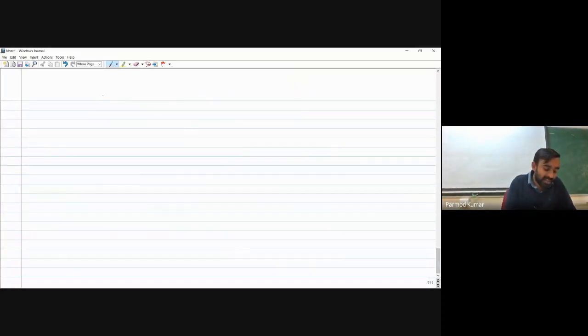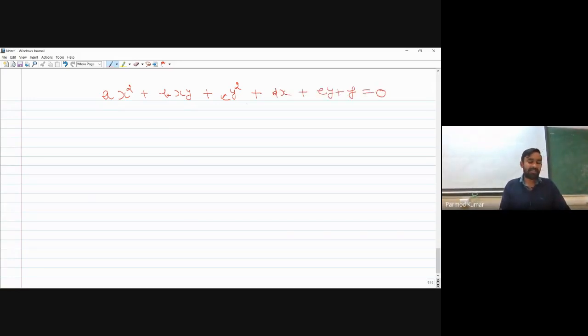If we write the equation of a generalized conic section, a times x square plus b times xy plus c times y square plus dx plus ey plus f equal to 0, then if b square minus 4ac is greater than 0, the conic section is a hyperbola, so hyperbolic.